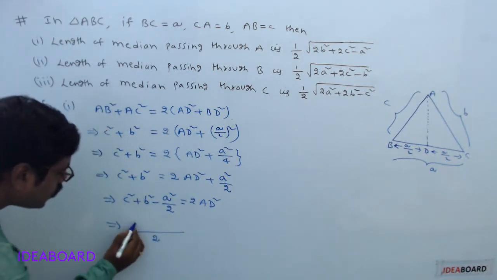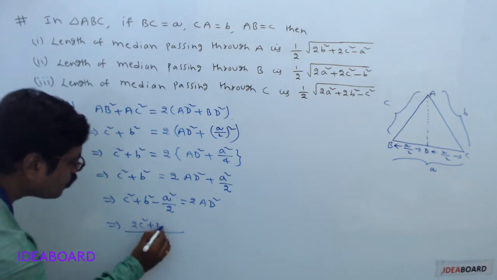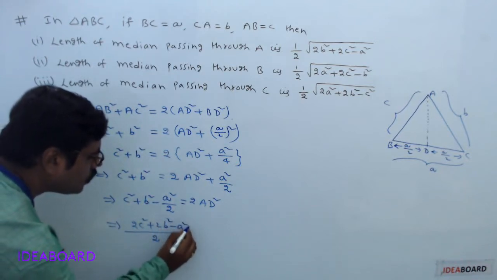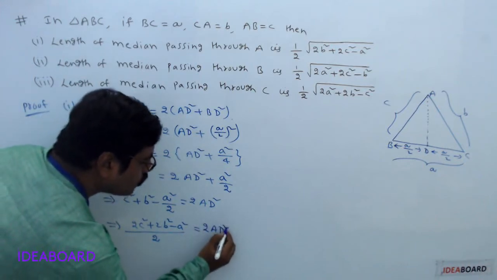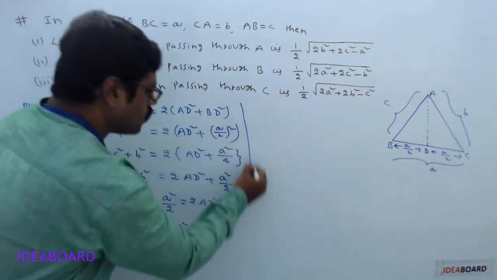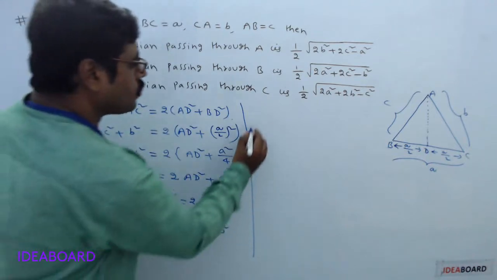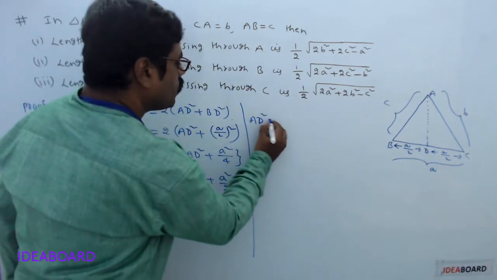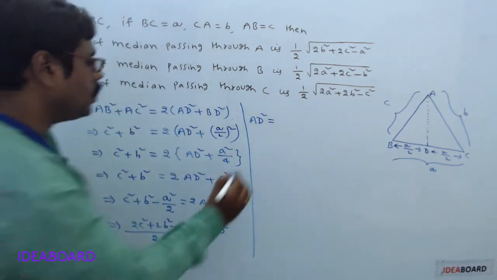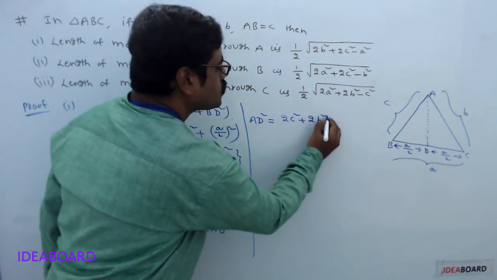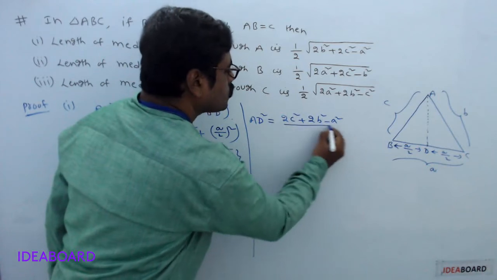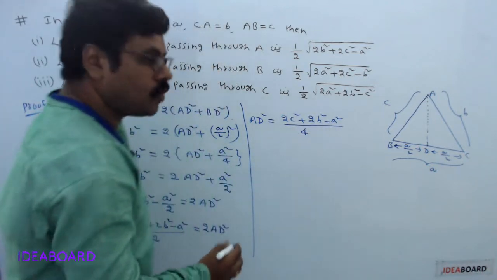LCM is 2. It is 2c square plus 2b square minus a square equal to 2 into AD square. So from this, what is the value of AD square? AD square equals 2c square plus 2b square minus a square divided by 4.